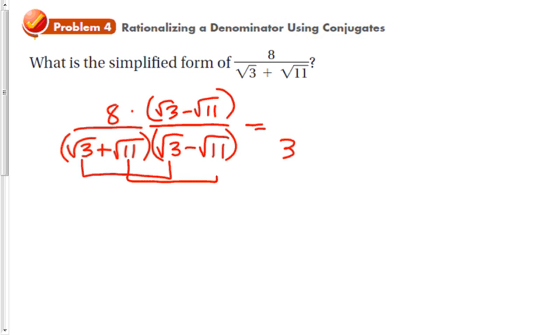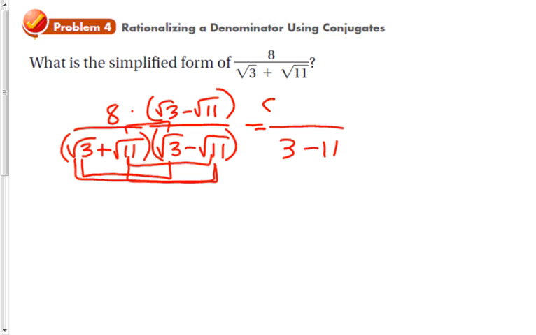The square root of 3 times the square root of 11 is negative square root of 33. And when I multiply these two, I get the positive square root of 33. And those two added together cancel each other. Then I have minus the square root of 11 times the square root of 11, which is just 11.